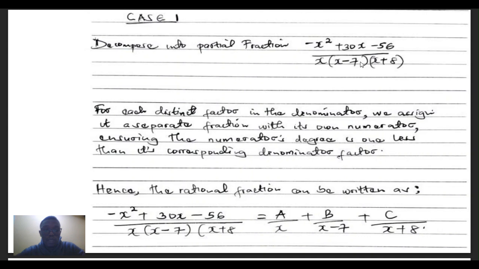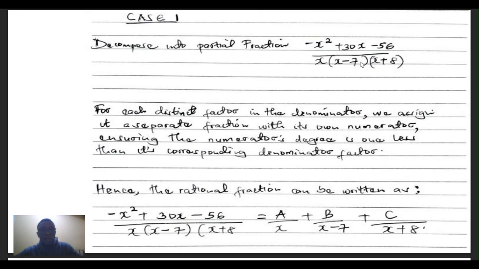Since we have two distinct linear factors, we set up our problem, negative x squared plus 30x minus 56 over x(x minus 7)(x plus 8), into separate fractions, each with a constant numerator.